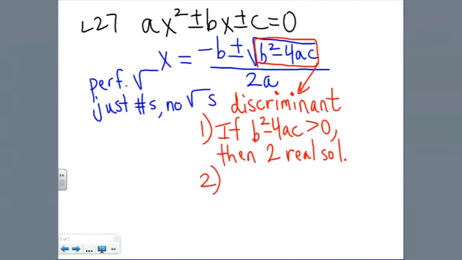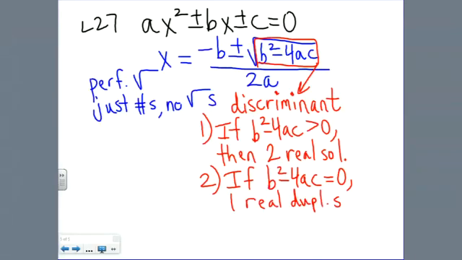Second scenario, if your discriminant is exactly equal to 0, then you would just have one real duplicate solution. And the last possibility, if your discriminant is negative, then expect 2 complex answers.